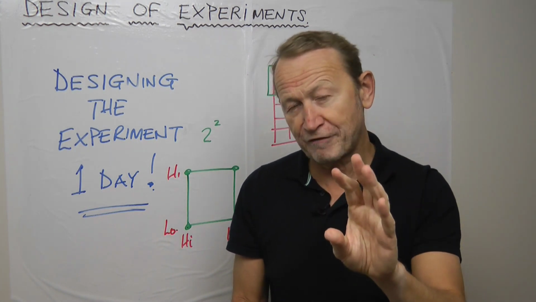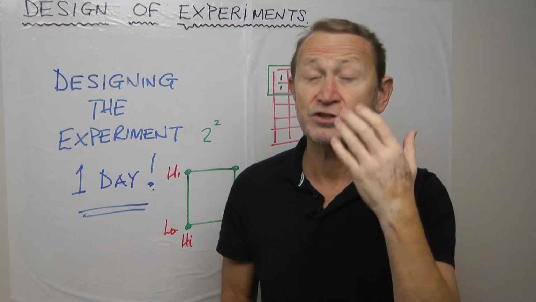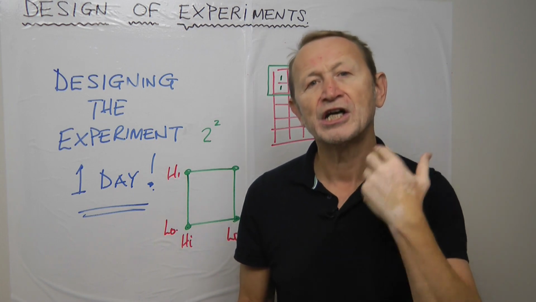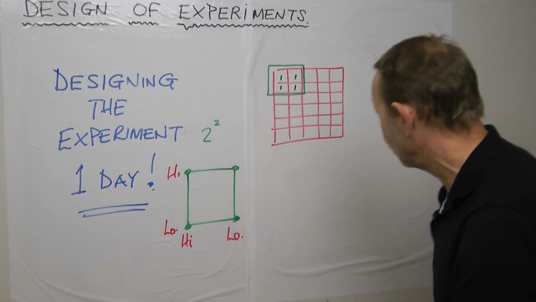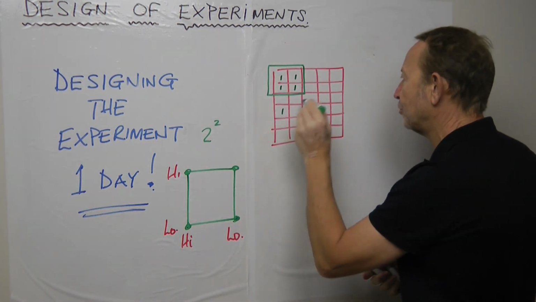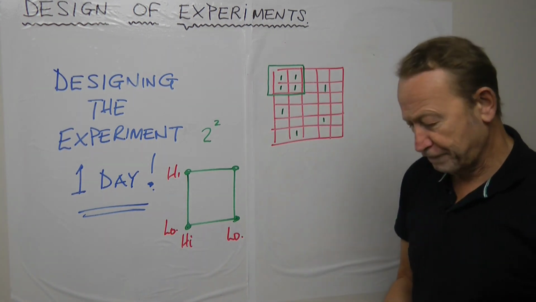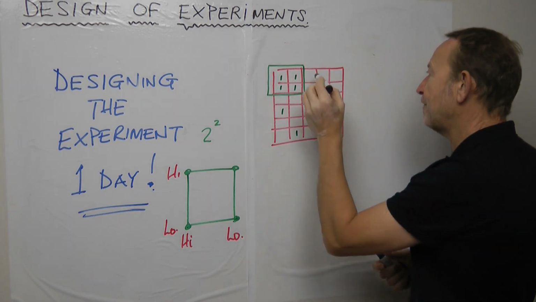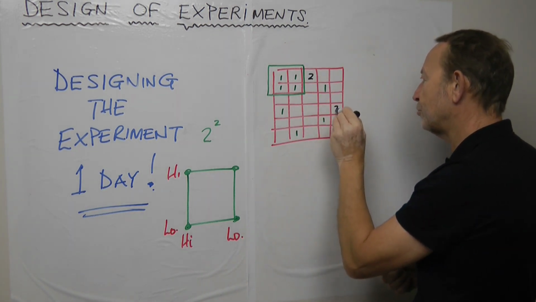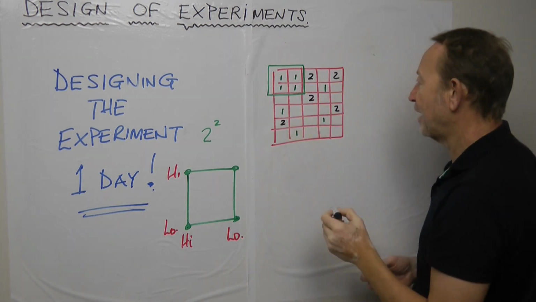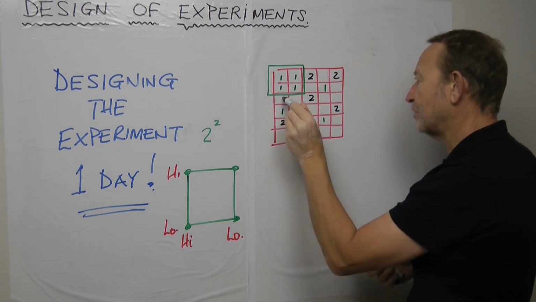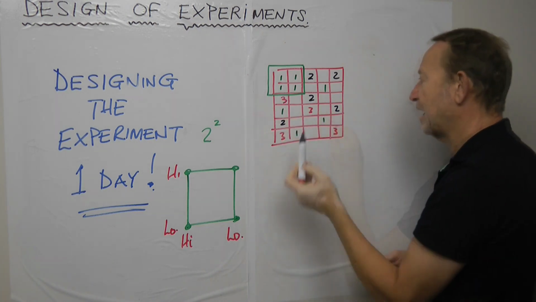So in order to prevent that, scientists, and Fisher invented this, use randomization. And so what they would do is they would put treatment 1 all over the field like that. Then they do treatment 2 like that. Then they do treatment 3. And it's random.